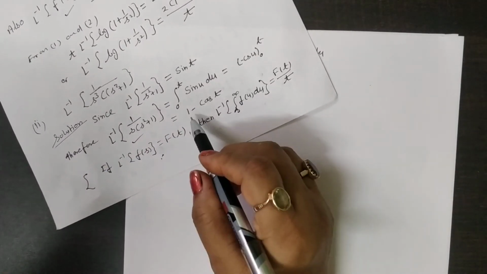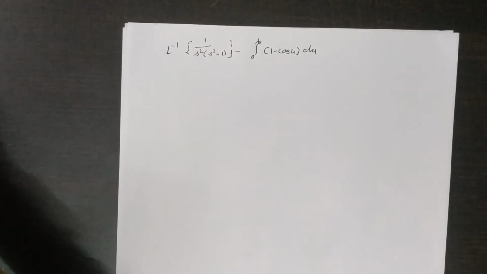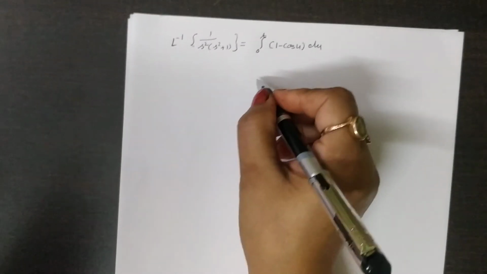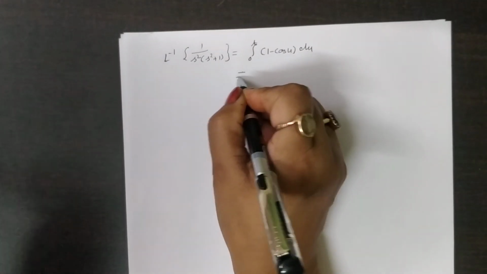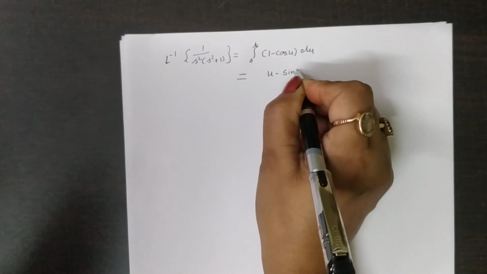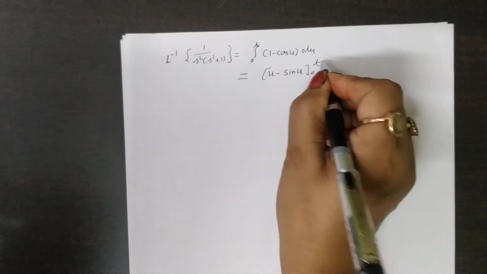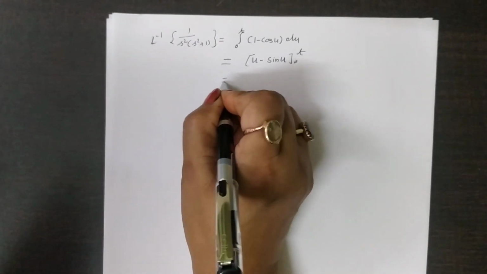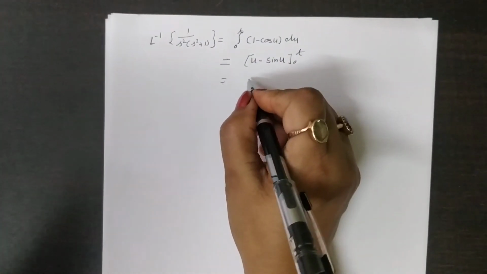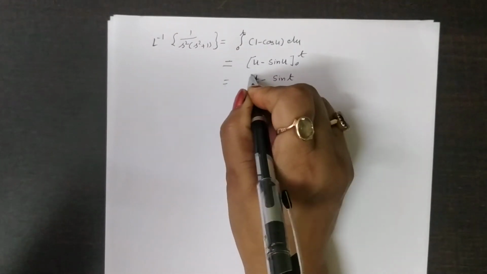Yes, clear? Because first you have to find this one: 1 minus cos t in the first operation. Here also operating, this one is 1 minus cos t, and integrating this, you get u minus sin u. Now taking the limits from 0 to t, that is equal to t minus sin t. Yes, clear?